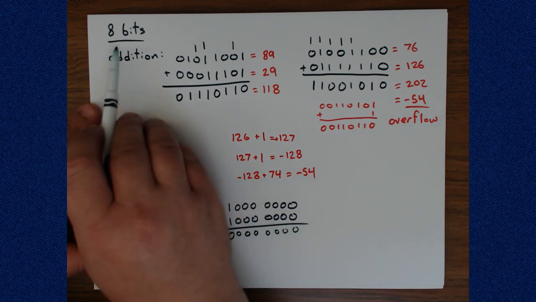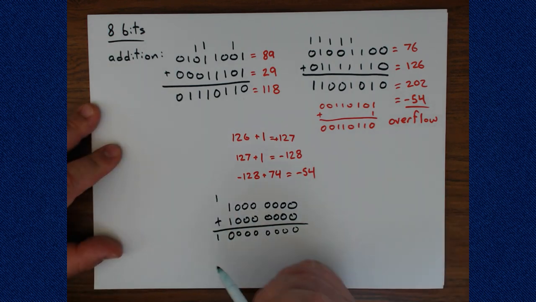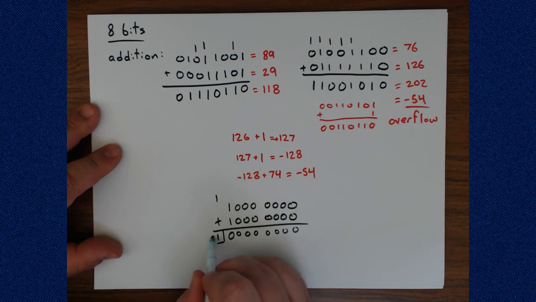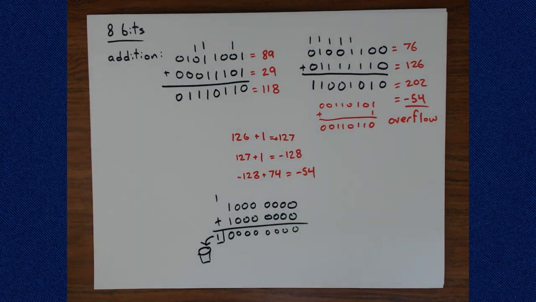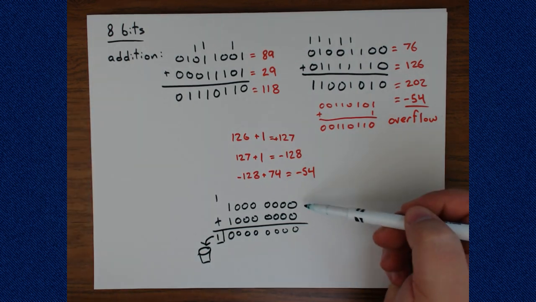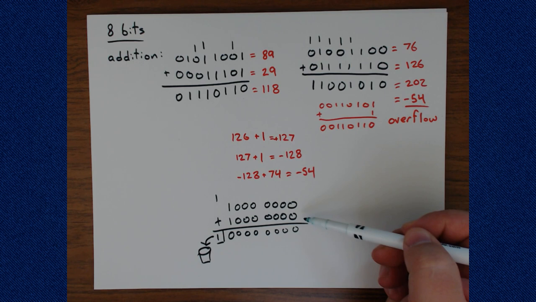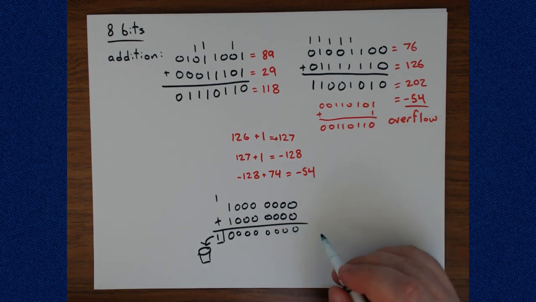But since we are working off of an 8-bit system, this guy here is gone to the bit bucket, which means whatever this value is plus whatever this value is going to get us the number positive 0.